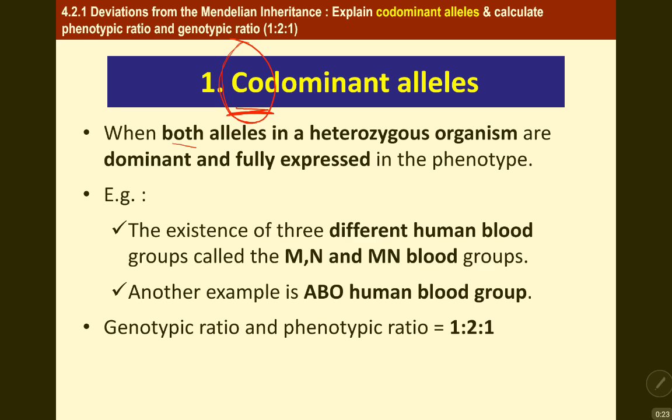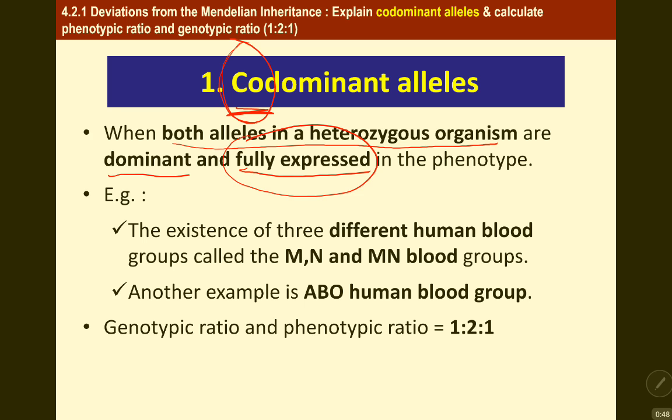So when both alleles in a heterozygous organism are dominant, both of them are fully expressed in the phenotype. It means in this case, none of them are recessive. Both of them are equally powerful. So when both of these alleles appear together, both of them will be fully expressed in the phenotype.